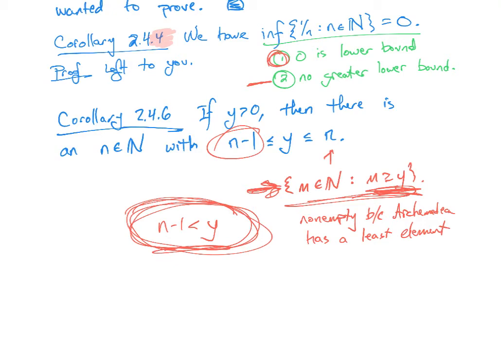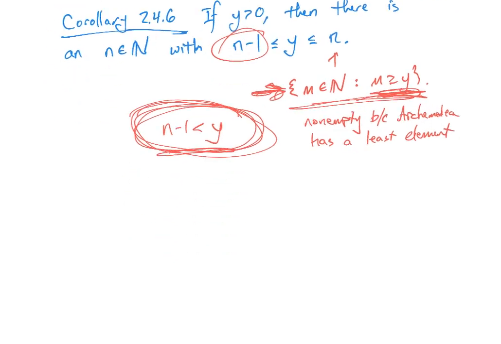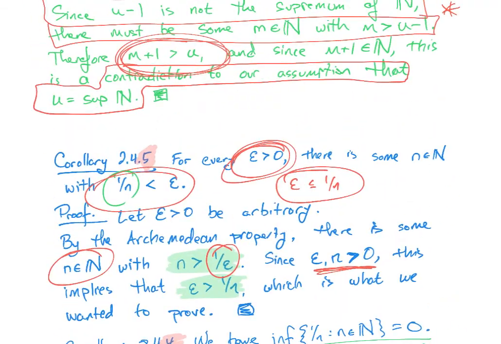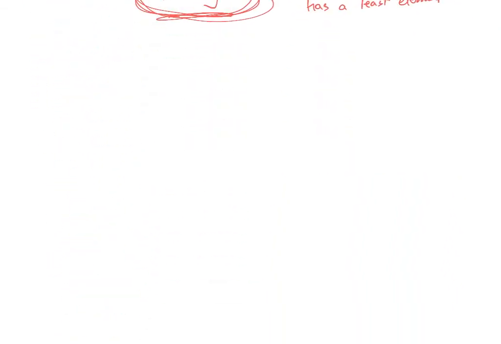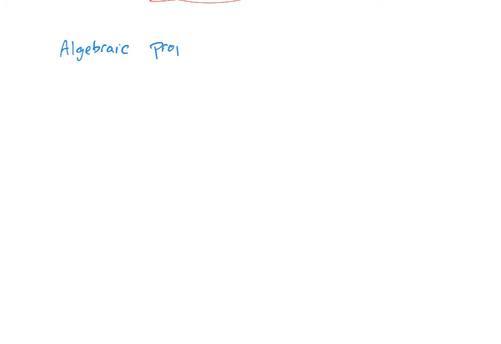So there's a lot in this section. This is the Archimedean property and its corollaries. Next. This is what we would call the algebraic properties of sup and inf.